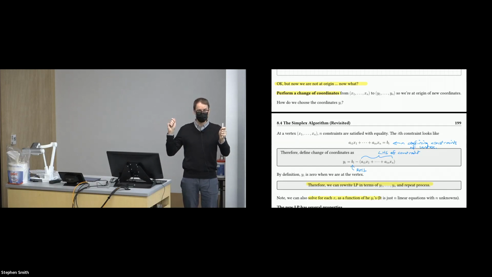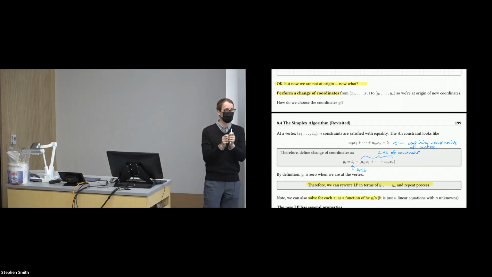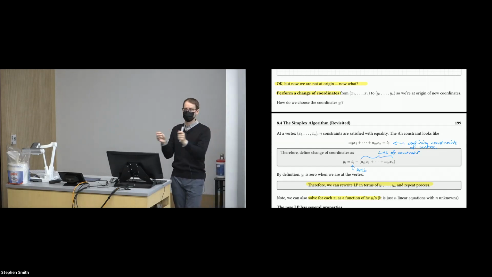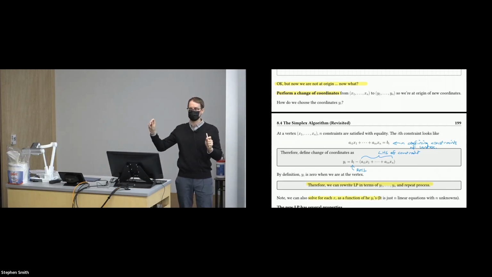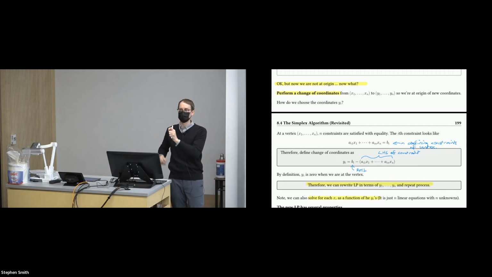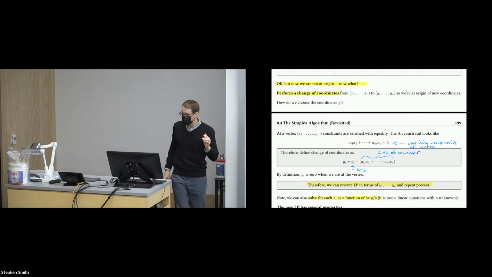Two points that share n-1 equality constraints, ones that they satisfy with equality in common, are two vertices that are neighbors, and they're kind of like a neighboring edge. There's one constraint that they differ on, and you slide along that.